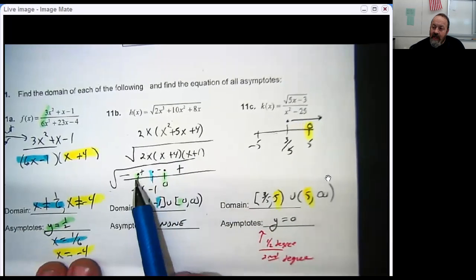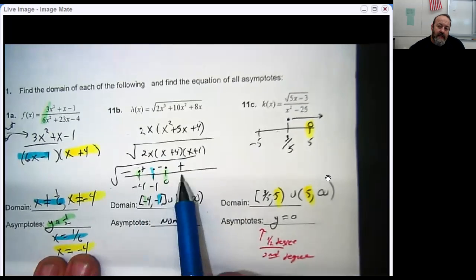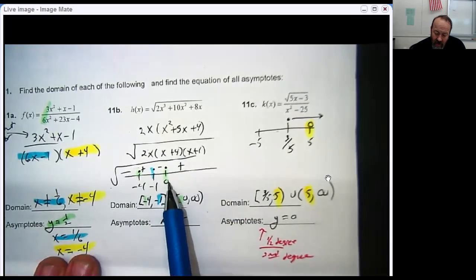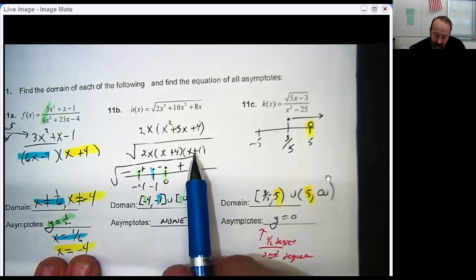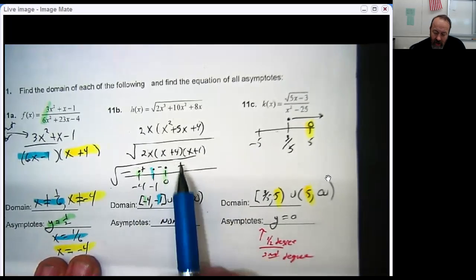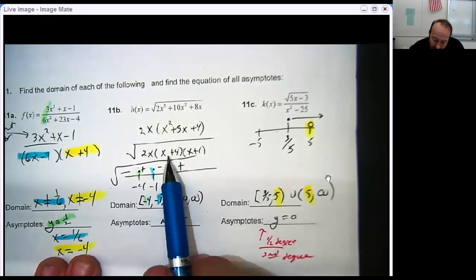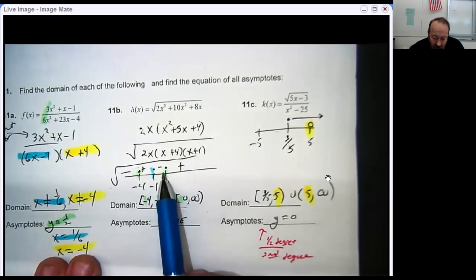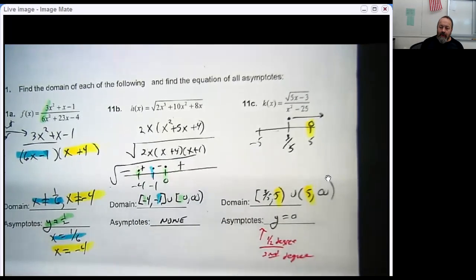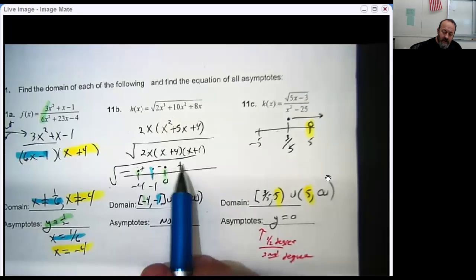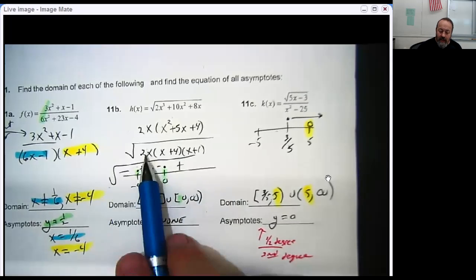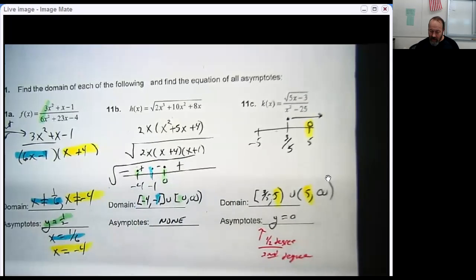I made a little sign chart. Sometimes we call that a decision chart. And then I just tested numbers. Like if I go above 0, like 8 or something like that, I'd get a positive and a positive. And I tried something in here like -0.5, and I'd get a negative, a positive, and a positive. As you go through that process of testing numbers, they do tend to alternate signs because no terms bounced or anything like that we've seen in these other problems.